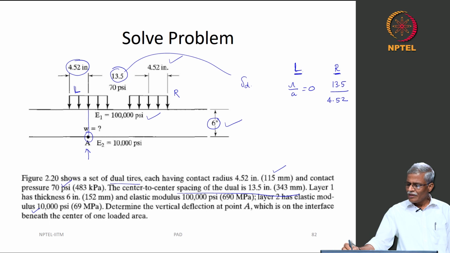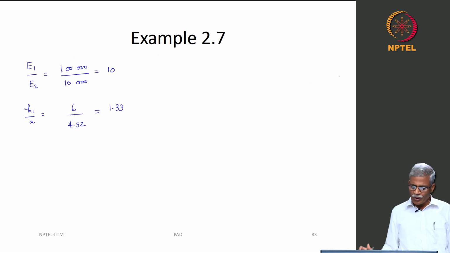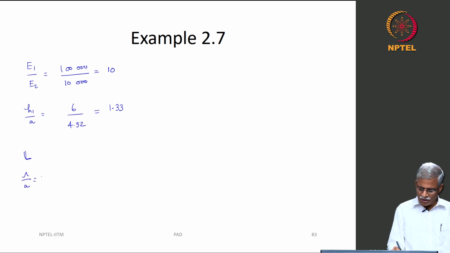So, for the left R by A is 0 and for the right R by A is 2.99.